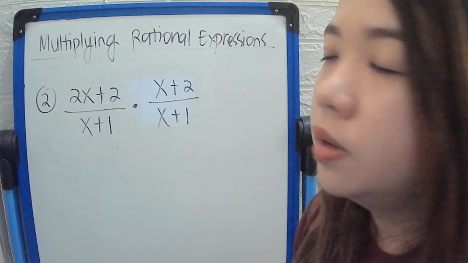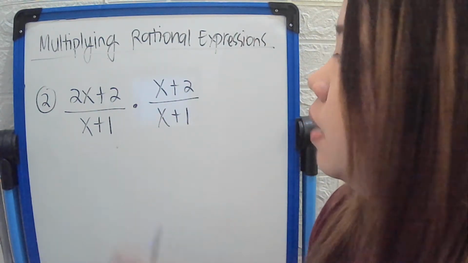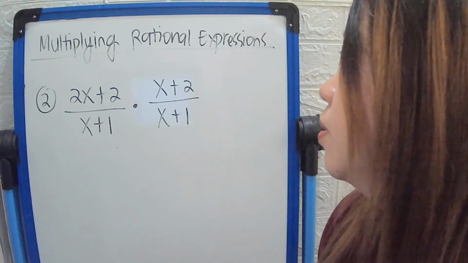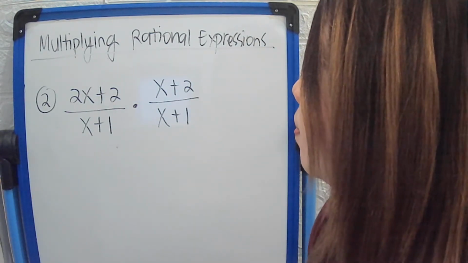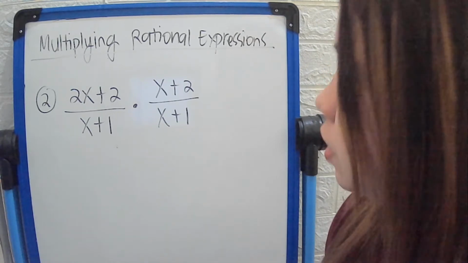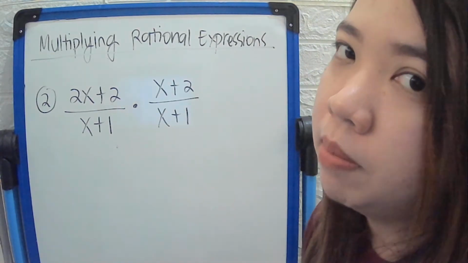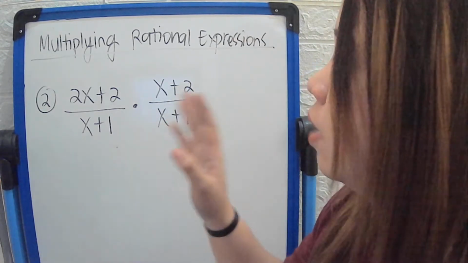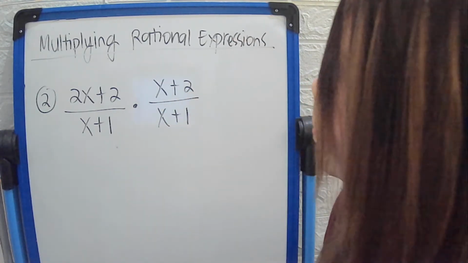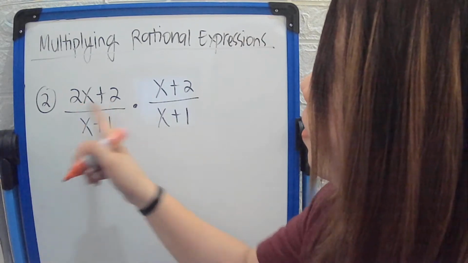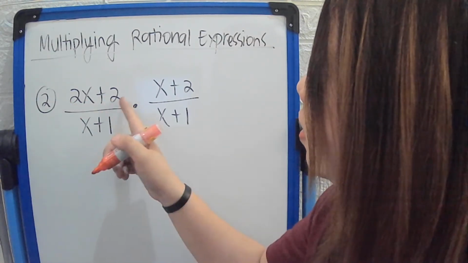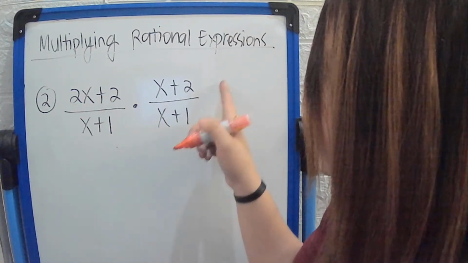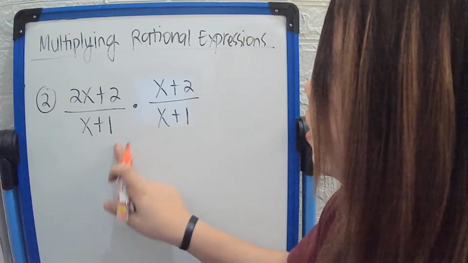It just so happened that the denominators are the same. So what we're going to do here is apply factoring methods. Which among them is factorable? As you can see, your numerator here is factorable. This one is not, this one is not, and this one is not. So you just stay the same.